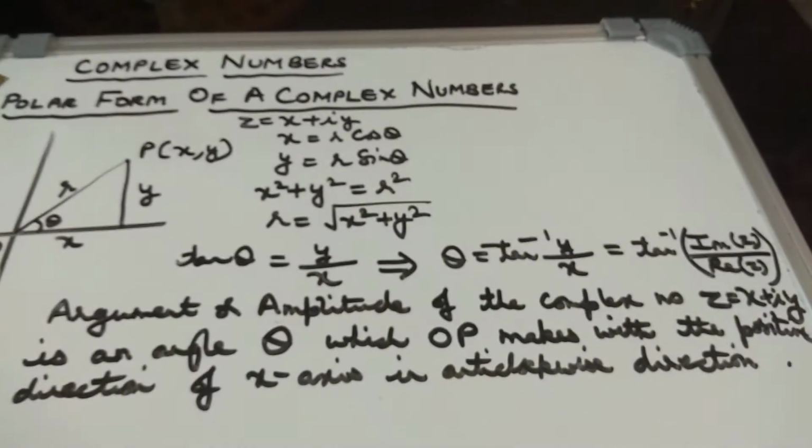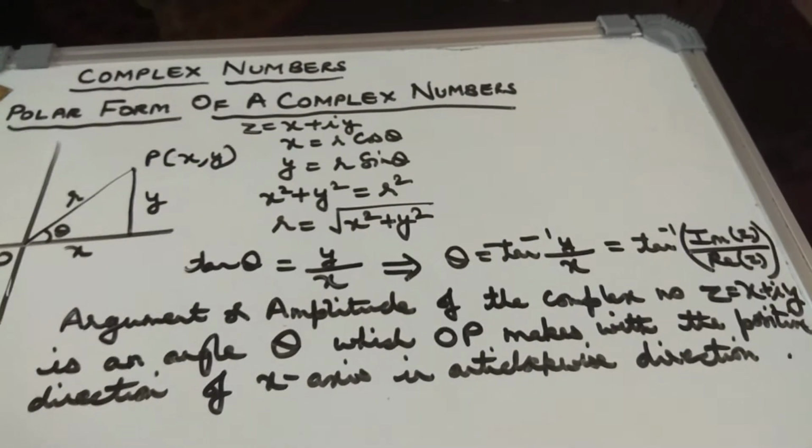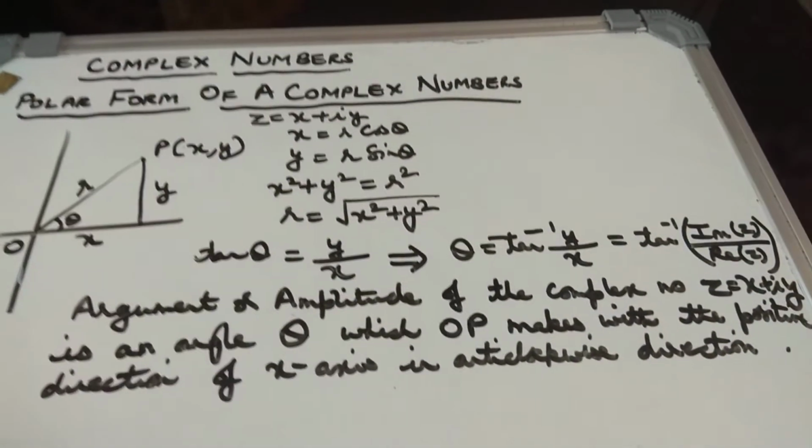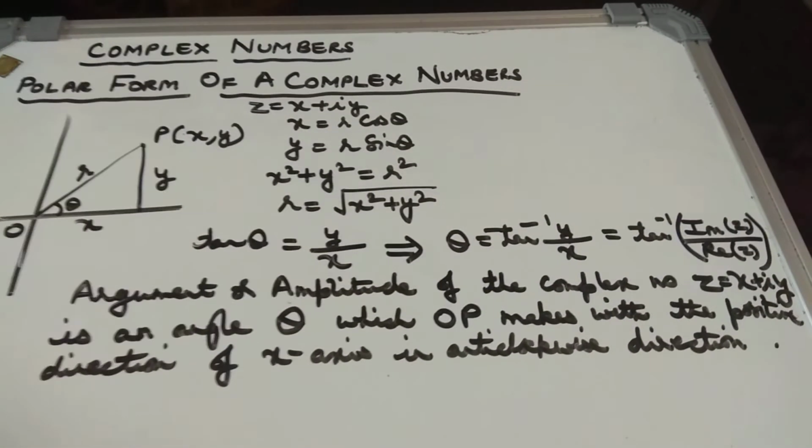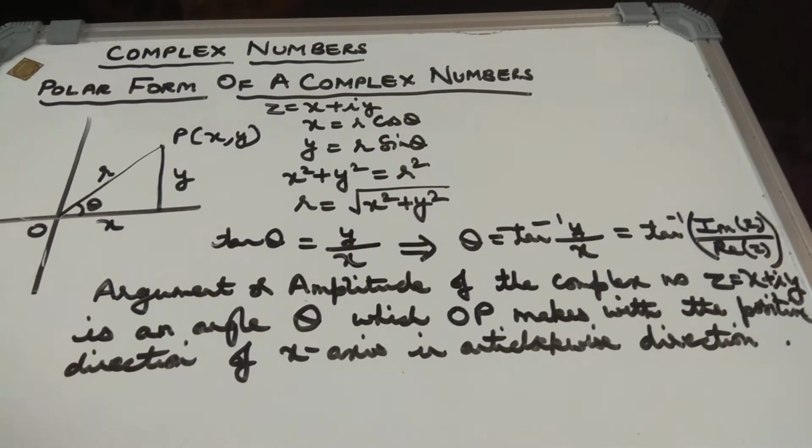These properties you need to know for doing the problems. Hence we will start with the exercise now, so that you will understand how to deal with the questions here.